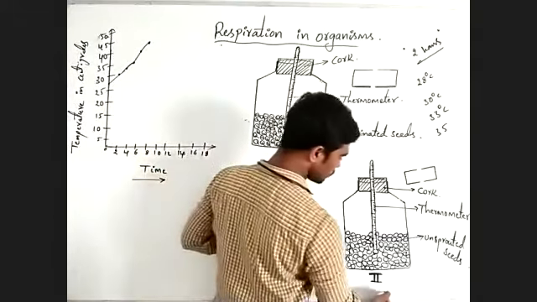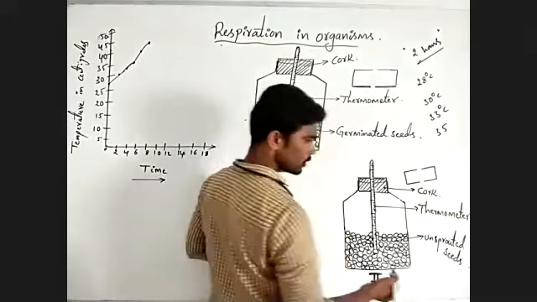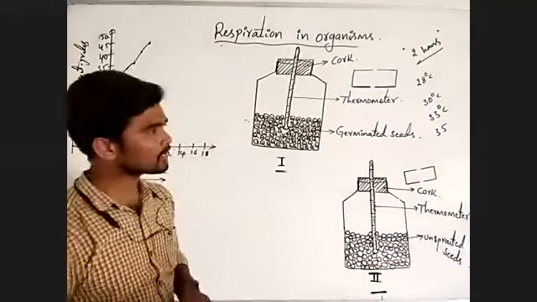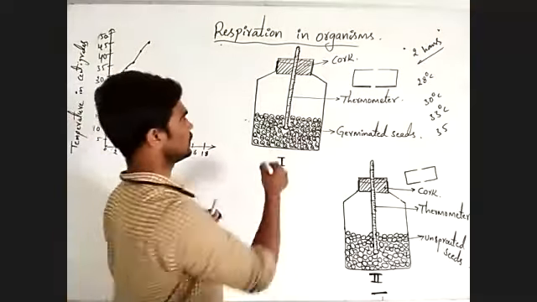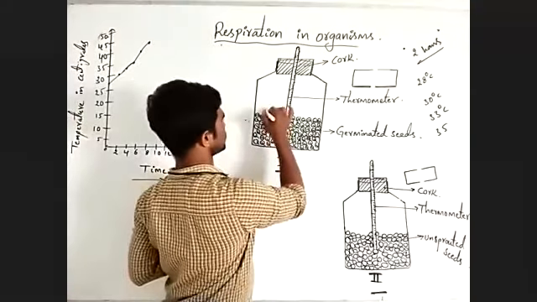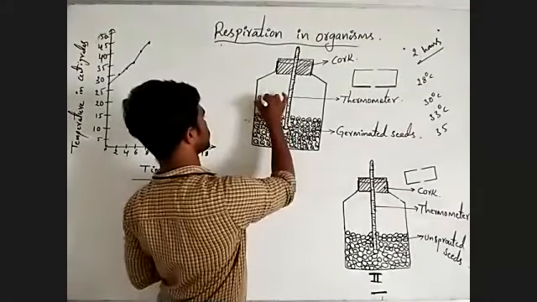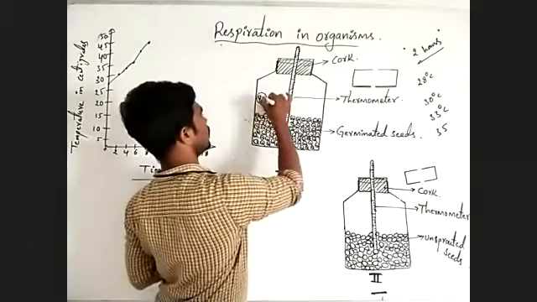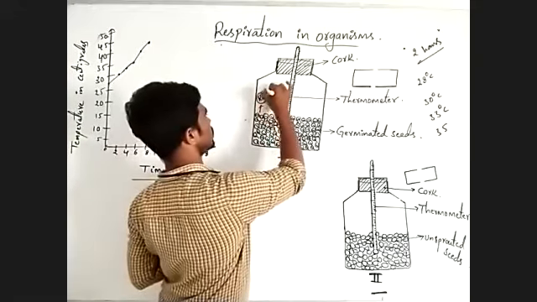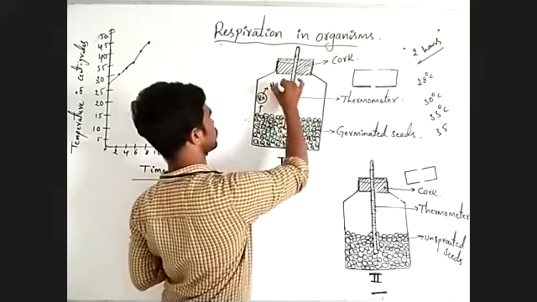In the second bottle, you cannot observe it. What is the reason here? Germinated seeds perform the respiration process and they produce some amount of heat.